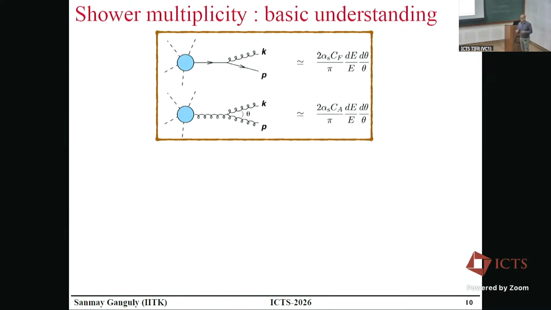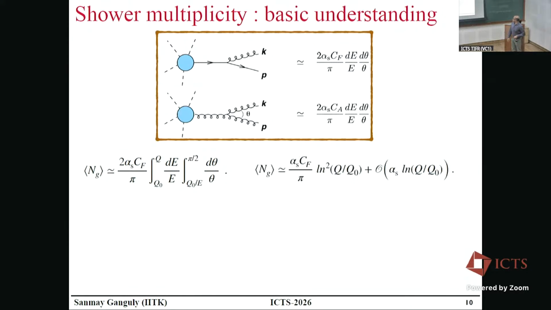So let's try to understand why that's the case. We just worked out that the emission probability is proportional to dE by E times d theta by theta. If we want to compute the total number of emissions given that an initial parton has some amount of energy, let's try to compute it.